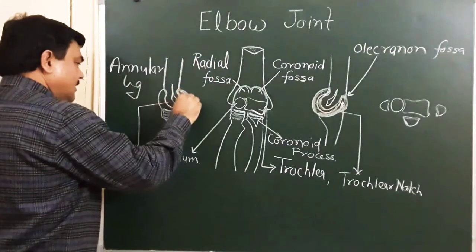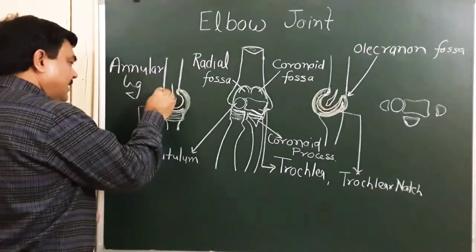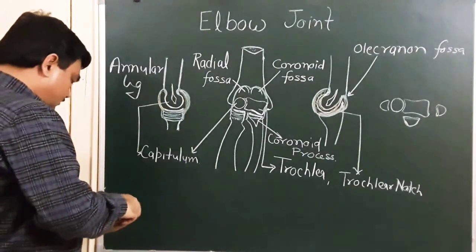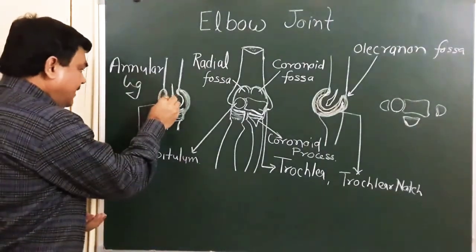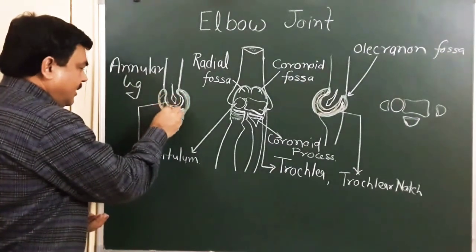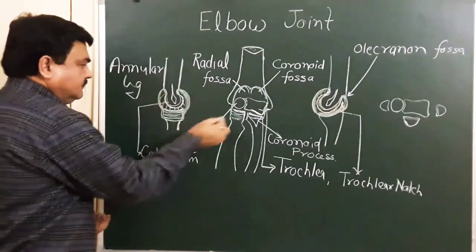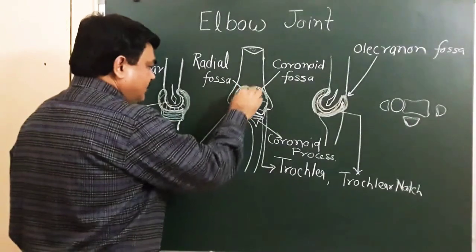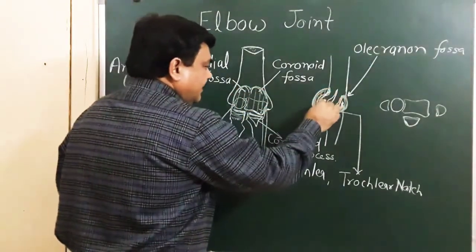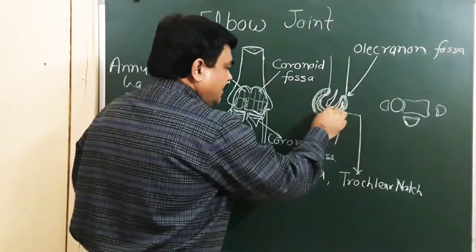Here is the synovial membrane. So this is the capsular ligament. In this diagram, this is the capsular ligament. It covers the joint.